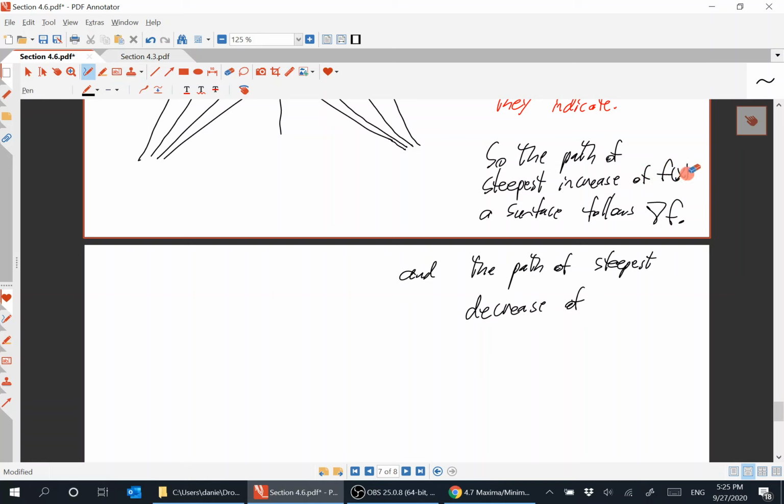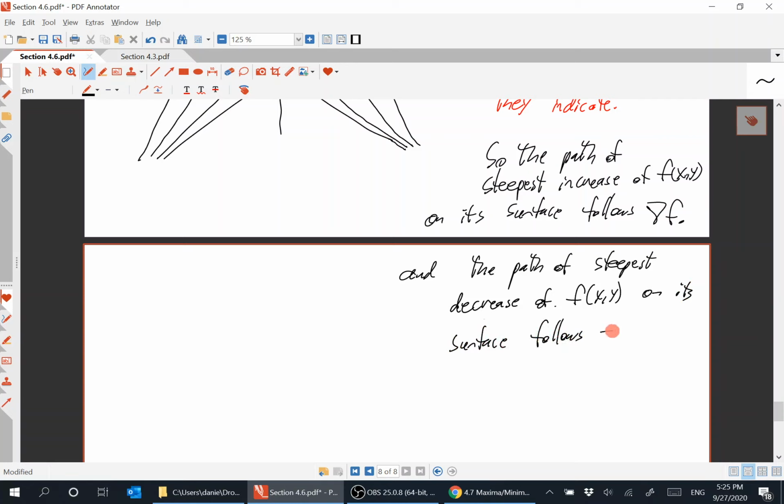So the path of steepest increase of f(x,y) on its surface follows the gradient of f. And the path of steepest decrease of f(x,y) on its surface follows the opposite of that, the negative of the gradient.